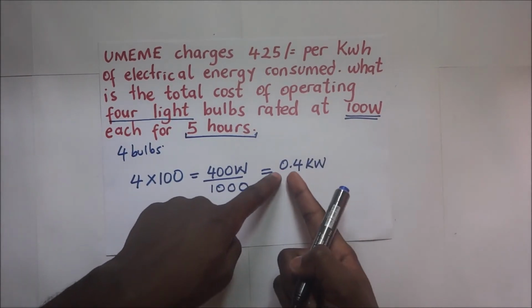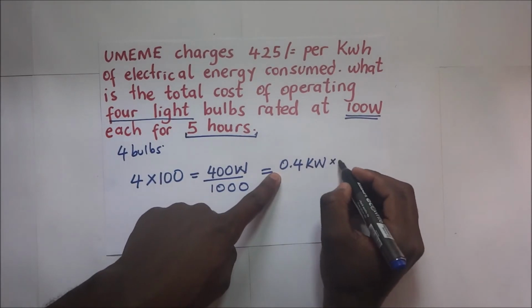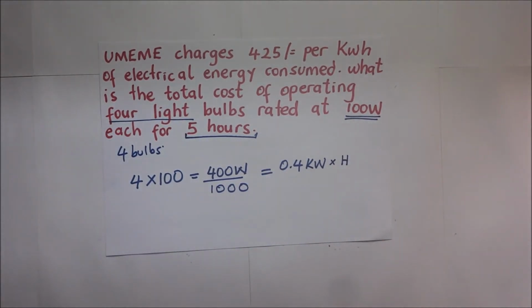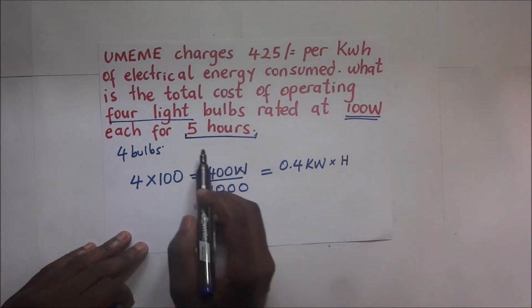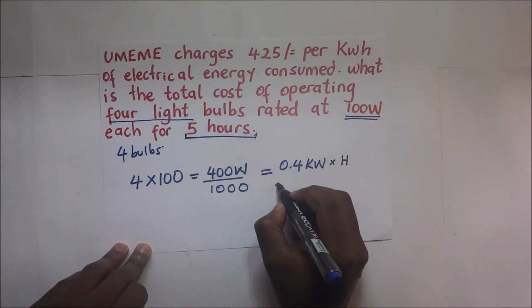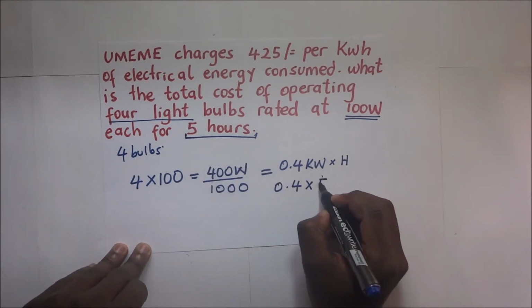Now converting those kilowatts to kilowatt hours, you're supposed to multiply this by the hours it is running. This thing is running for 5 hours, so it's going to become 0.4 multiplied by the 5 hours.